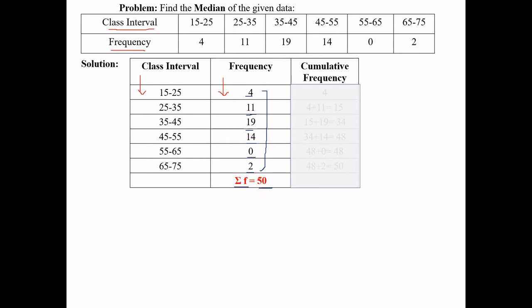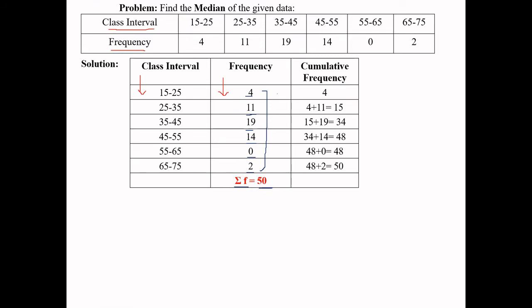Now find out the cumulative frequency. Write the frequency of class interval 15 to 25 as it is, 4. Now add the first frequency and second frequency: 4 plus 11 is equal to 15.